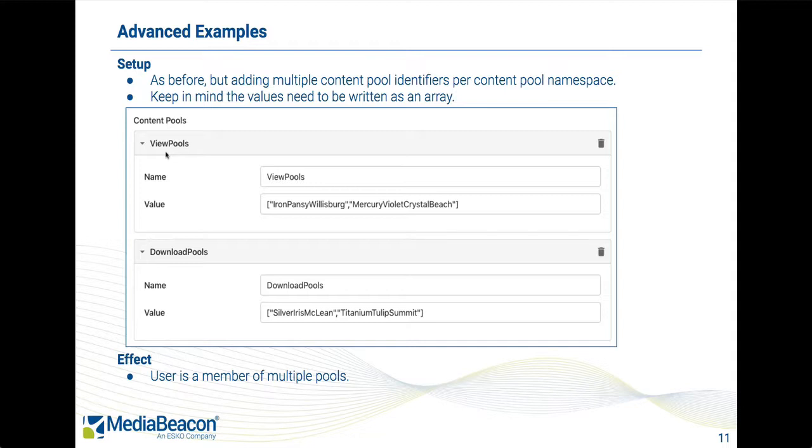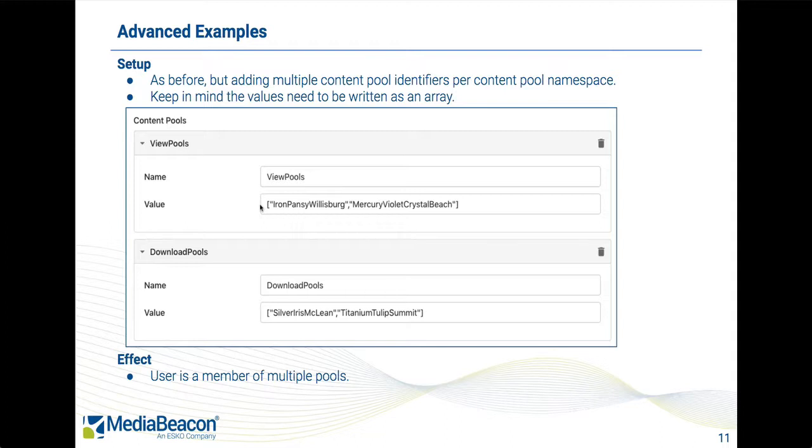It is a little bit of a quirk of the configuration that in order to do this, we would write the multiple values as an array, and it has to be in this particular format. It has to be surrounded by square brackets. Each term has to be in quotes and separated by a single comma, no space between those values.